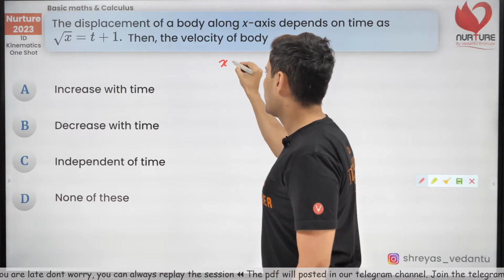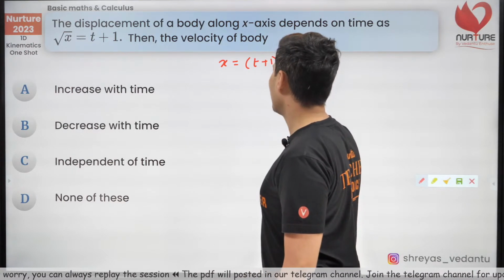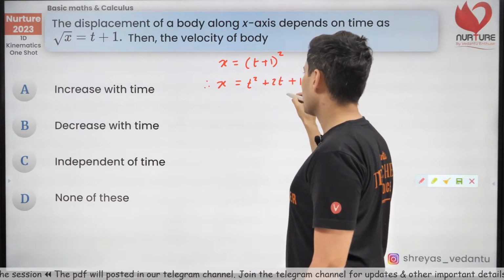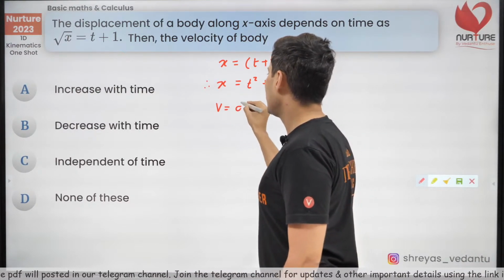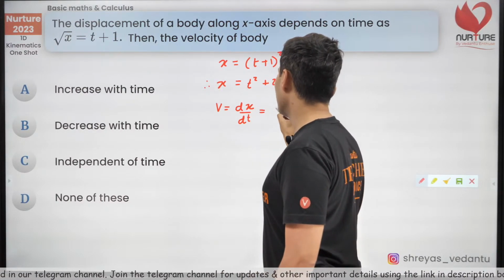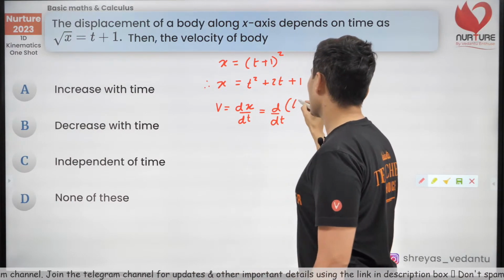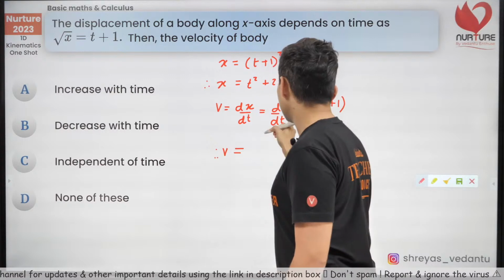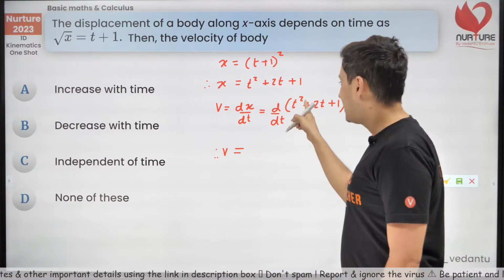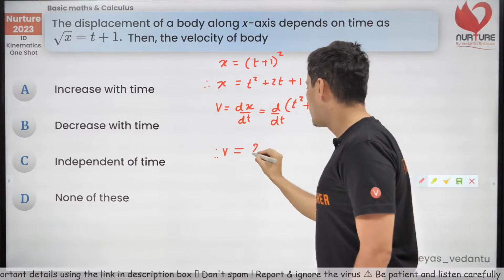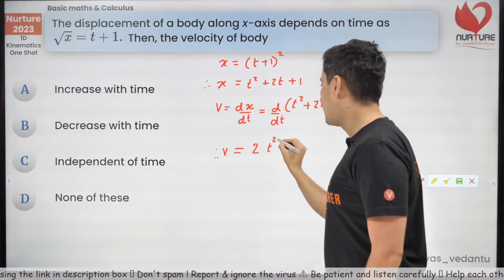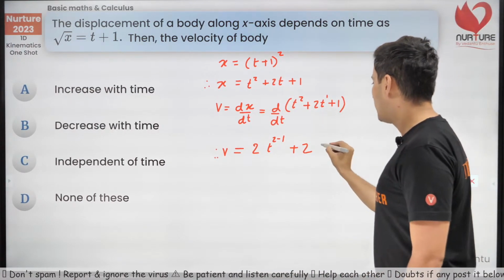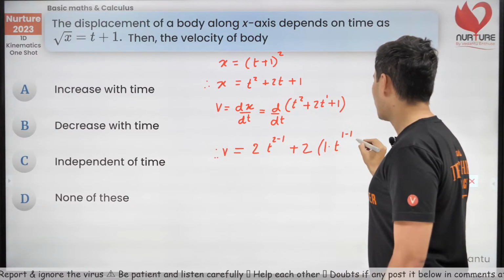When you square it, x will become t plus 1 whole square. What is t plus 1 whole square? It is t square plus 2t plus 1. Now velocity. Velocity is dx by dt. That means it is the derivative of t square plus 2t plus 1. The derivative of t square, using n x raised to n minus 1, with n as 2, is 2t. Then plus 2 into t raised to 1, so 2 into 1 into t raised to 0.